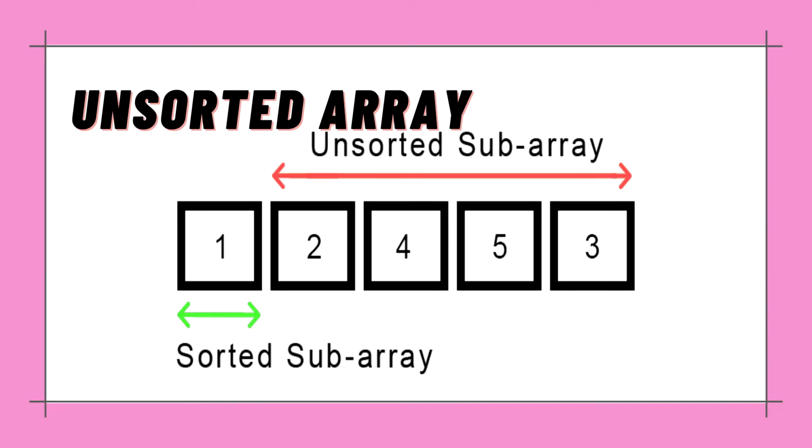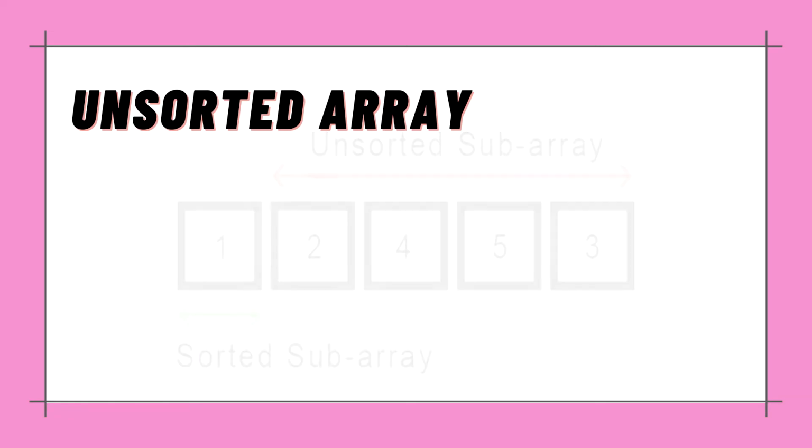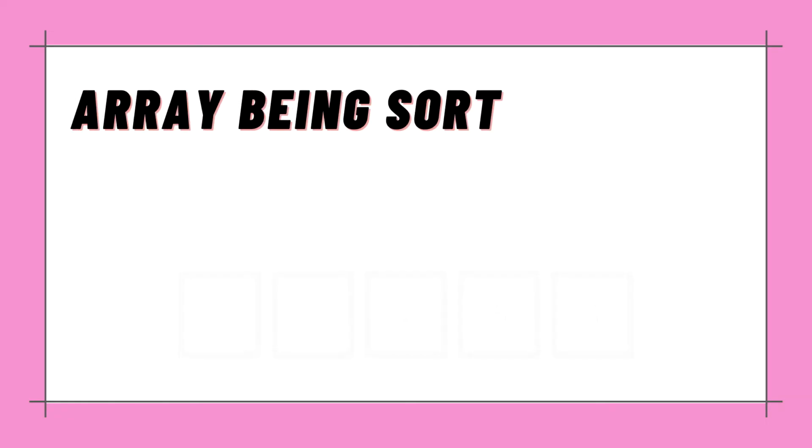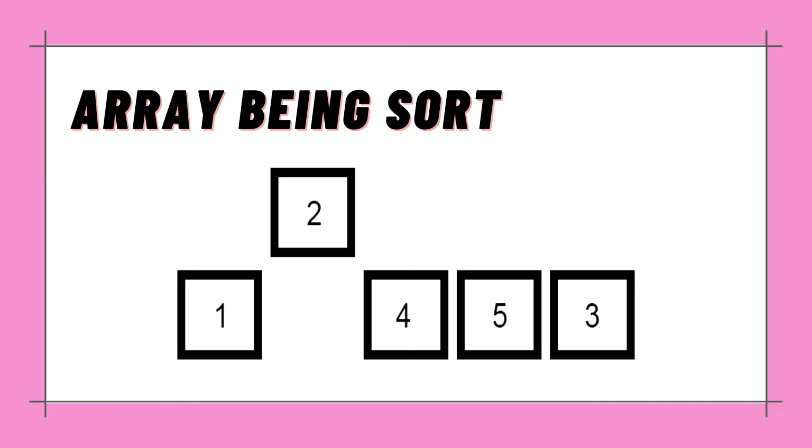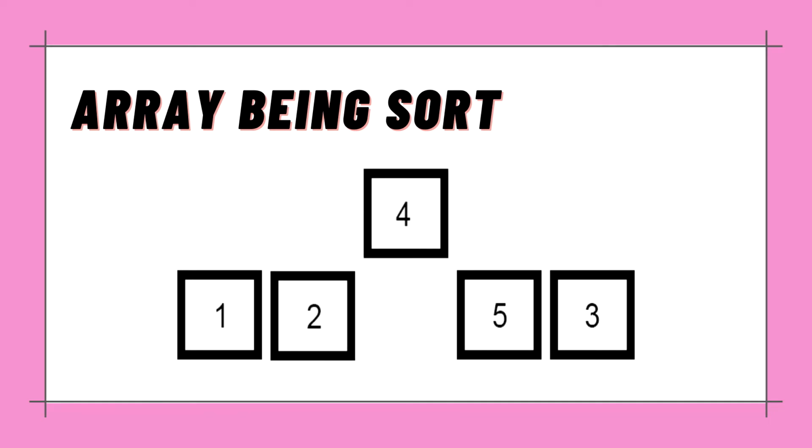By default, in an insertion sort, we are already assuming that the first element is already sorted while the rest are the unsorted ones. For now, we are just going to observe and try to understand the behavior of this sorting algorithm.